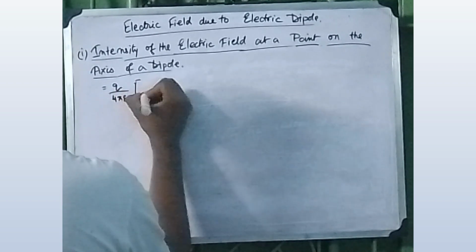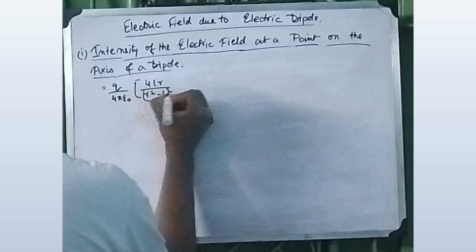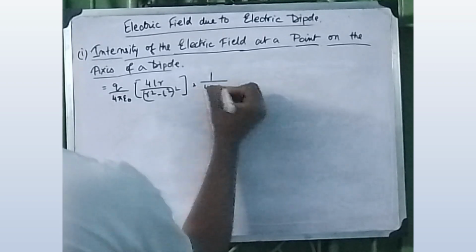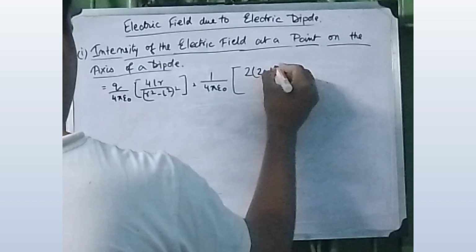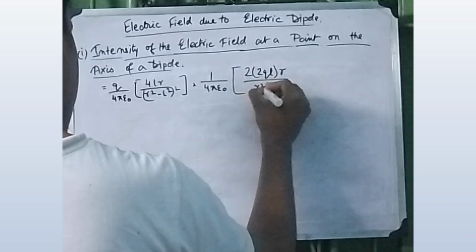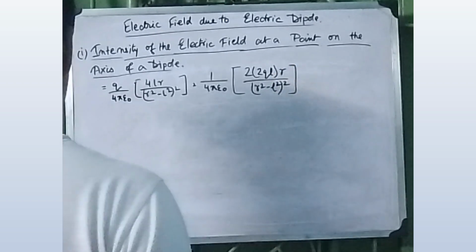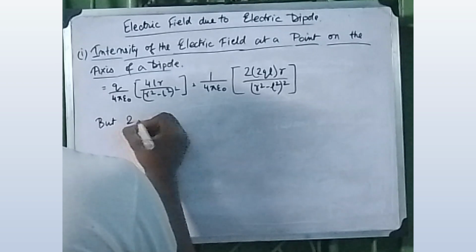We will continue that as q by 4 epsilon naught within brackets 4lr by (r square minus l square) whole square, then 1 by 4 epsilon naught within bracket 2qlr divided by (r square minus l square) whole square.